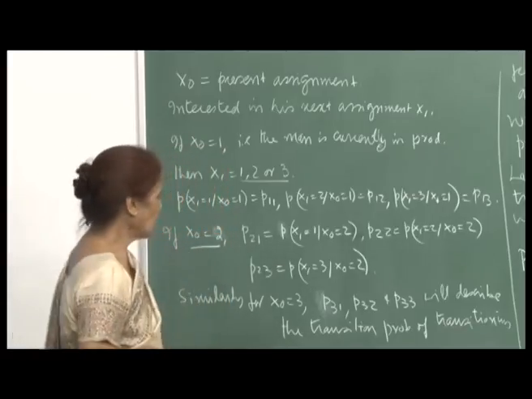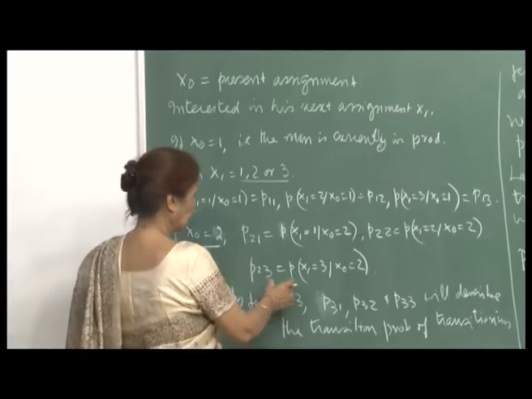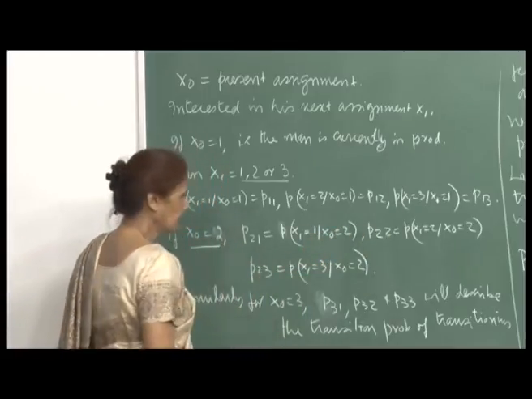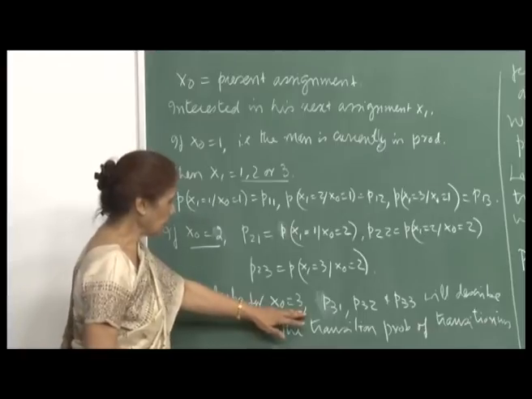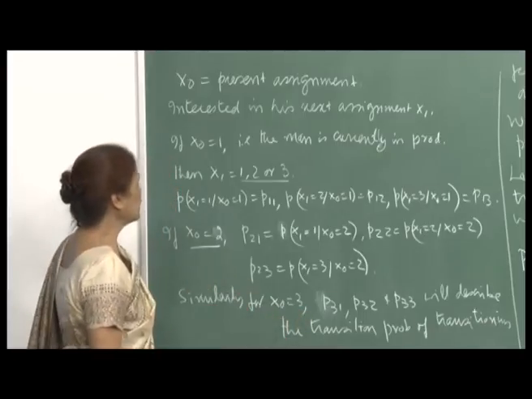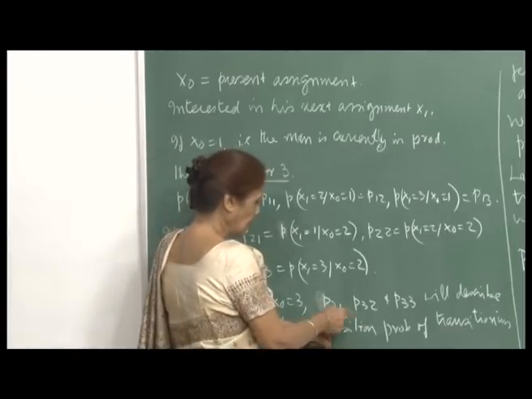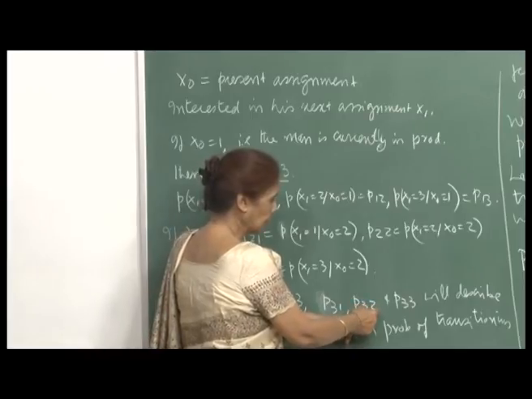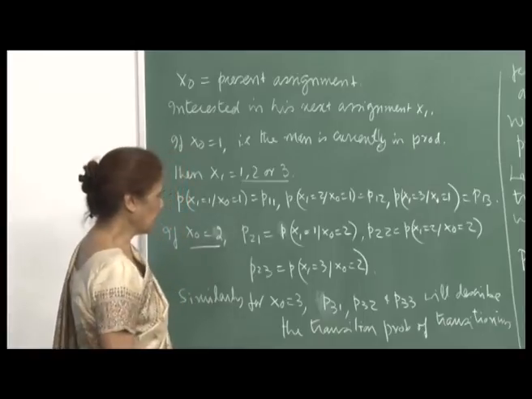And so again these 3 transition probabilities P21, P22 and P23 are given to us. Then if x naught is equal to 3, that means he is currently in sales, his probability of going to production will be P31, probability of going to HR will be P32, and probability of remaining in sales will be given by P33.